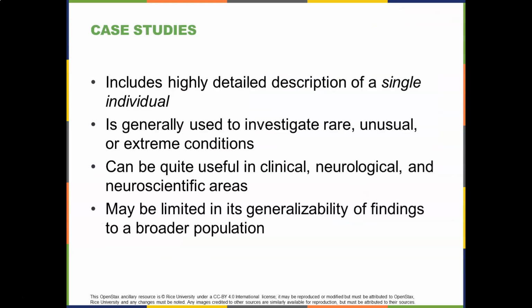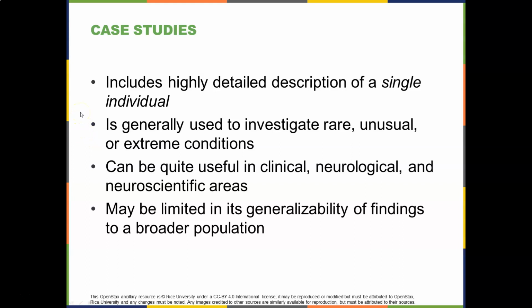Another term to be familiar with is what's known as a case study. This is very simple. A case study is a highly detailed description of a single individual. That means one person. I put in some notes here, so definitely read these on your own, but a case study can be useful in clinical, neurological, and neuroscientific areas.